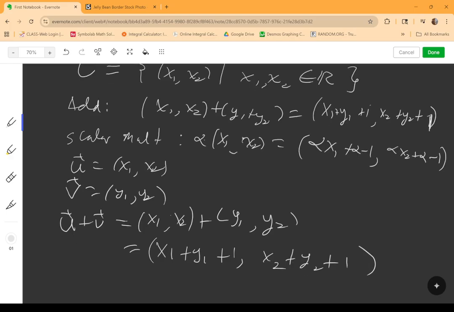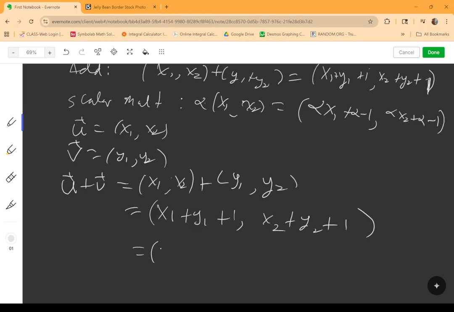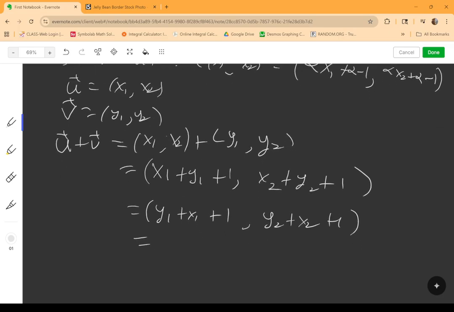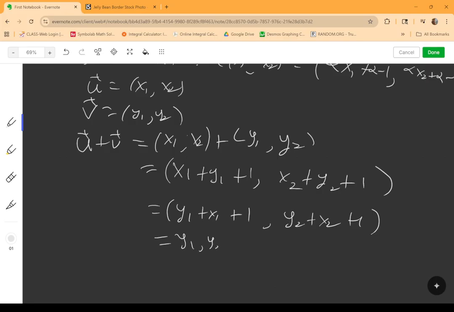Okay, and then now again, these are real numbers, so we can just write this as (y1 plus x1 plus 1, y2 plus x2 plus 1), and then this is (y1, y2) plus (x1, x2). So it's u plus v. Nope, it's v plus u. So the commutative property holds.